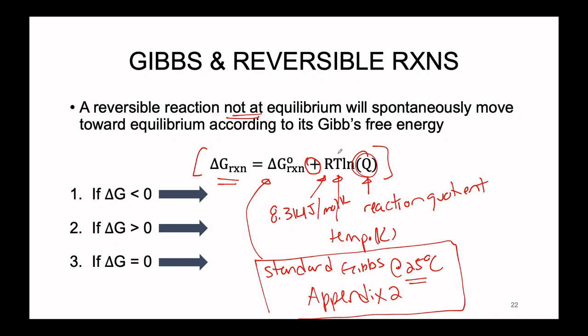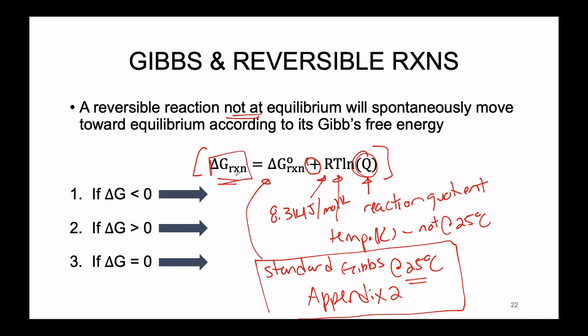The temperature that goes into T does not necessarily have to be 25 degrees Celsius. This delta G naught does have to be at 25 degrees Celsius. So as temperature changes, as our initial concentrations change, this is going to give us a new meaning to our delta G.